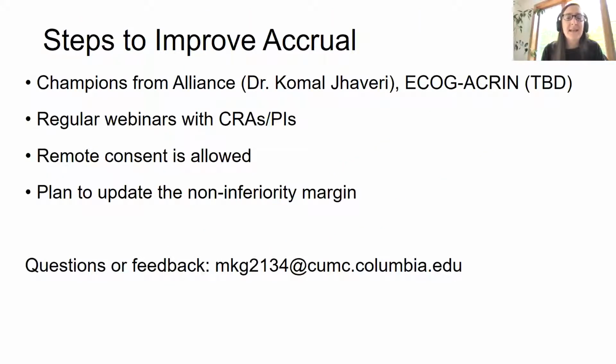I think I mentioned all of these points. There are also now regular webinars, which I didn't mention, with CRAs and PIs to think about strategies people have used to increase accrual. For this study, there is remote consent, so it should be relatively easy. And there is a plan in the next several months to look at the data and probably modify the non-inferiority margin, which will definitely reduce the overall sample size.